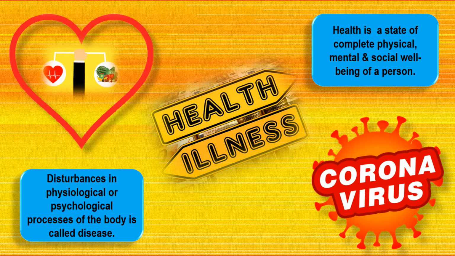Meaning, we have physical problems of our body where we have fever, cough, cold, and more severe diseases, or there can be psychological or mental illnesses. So either physical illnesses or mental illnesses are both called disease.